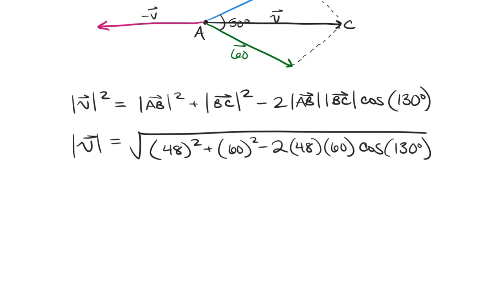We throw that all in a calculator, we make sure it's in degree mode, and we find that the magnitude of vector V, that resultant vector, would be 98.0125 newtons.